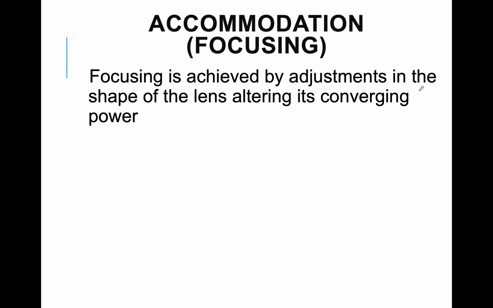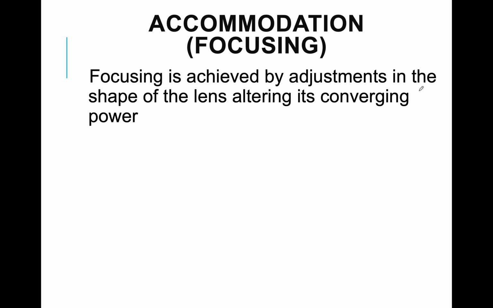Okay, so we'll move on now to accommodation, or focusing, and producing a focused image on the retina. So this is achieved by fine adjustment to the shape of the lens, and that will change the converging power.